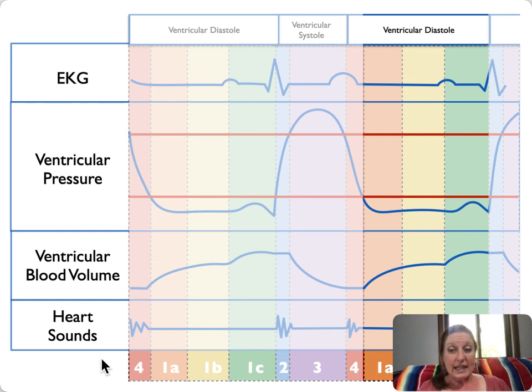It is putting together the electrical events, the depolarization and repolarization, the changes in pressure between the various locations, the arteries, the ventricles, and the atria, the volume of blood coming into and then out of the ventricles, and then the valves closing and opening, which we can't hear.